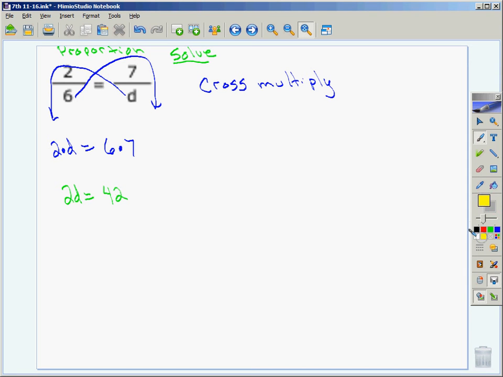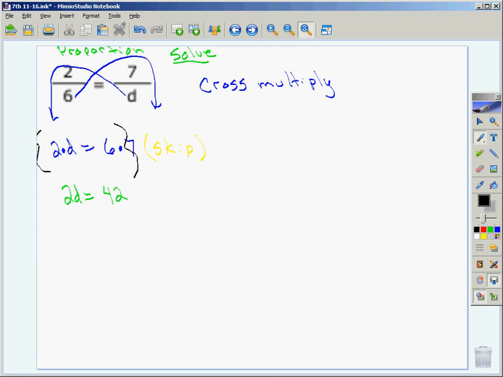I'm going to tell you that in general, I don't write this step down. I kind of skip it. I just draw my little arrows in there, and I take 2 times d and write down 2d. I take 6 times 7, and I write down 42. What's that in the yellow? Skip. Right here, skip. I usually don't write this step down.